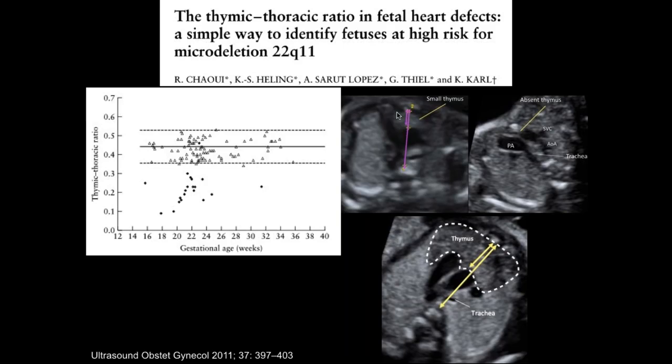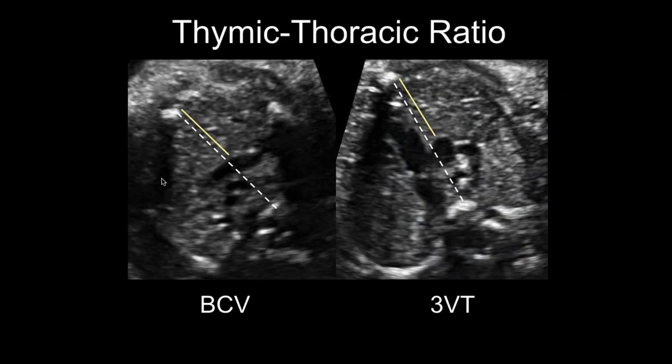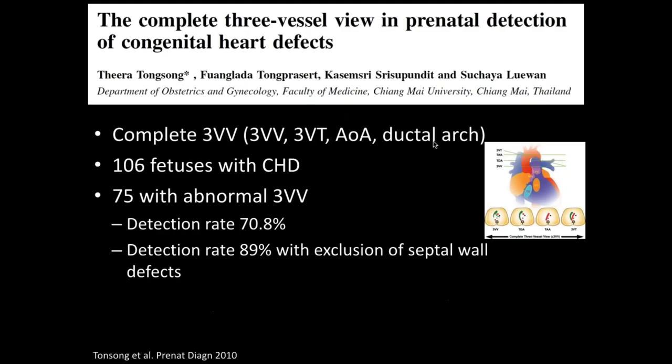Babies who have small thymus glands because of DiGeorge syndrome or other things will have abnormalities in that ratio, as you see here. It is very helpful. We also use the brachiocephalic ratio. We developed this internally here because the brachiocephalic vein is more constant in those babies than the aorta, because there may be conotruncal anomalies associated with that, and the aorta may look abnormal and be difficult to measure.